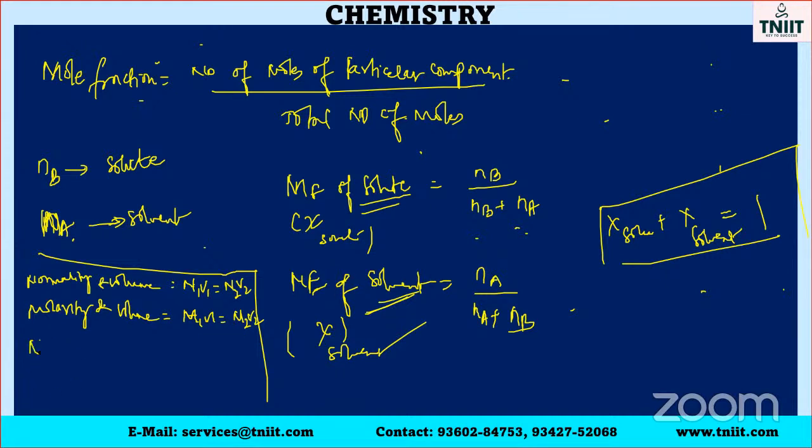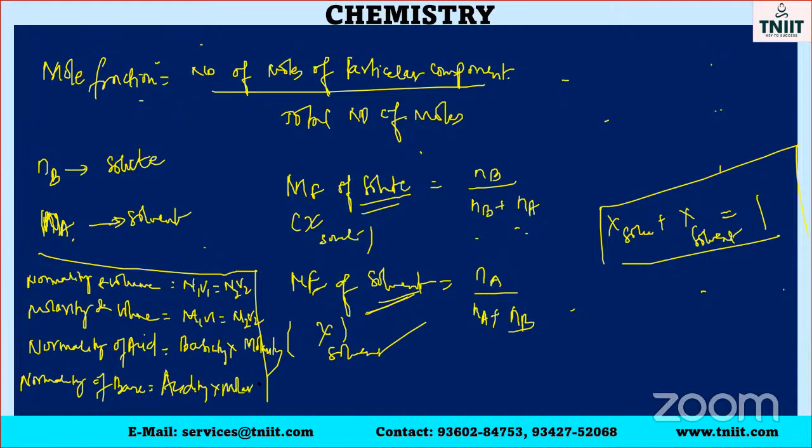The third relation: the normality of an acid is equal to basicity into molarity. The normality of a base is equal to acidity into molarity. These are the formulas which you have to remember.